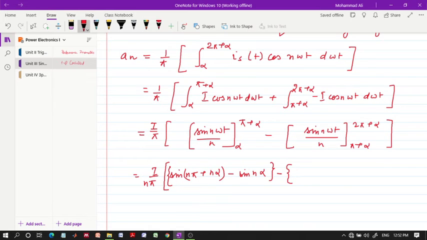So this will become sine of 2n pi plus n alpha, because I put 2 pi plus alpha in place of omega t, minus sine of n pi plus n alpha.